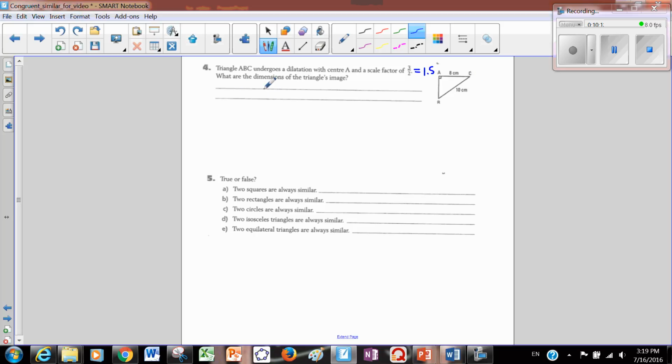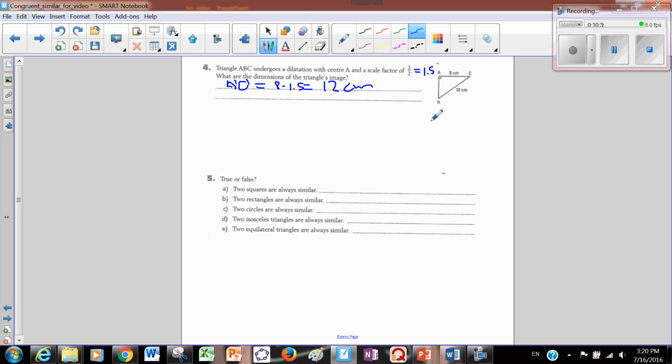Now I need to find what are the dimensions of the image. So I can write A prime C prime. That's my image. It's going to be 8 times 1.5. If you do 8 times 1.5, you get 12. So that means the bigger triangle would be 12 centimeters on the top.